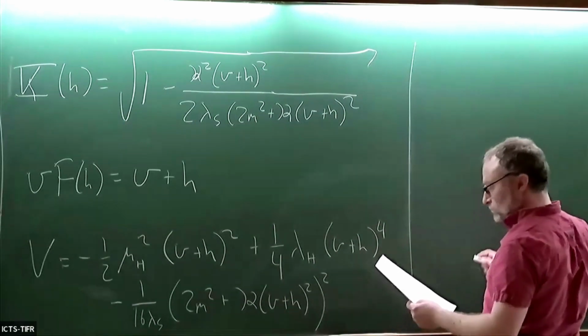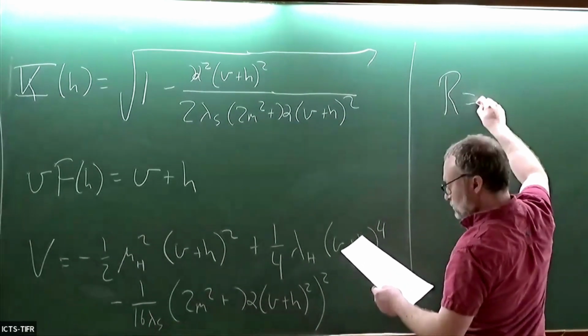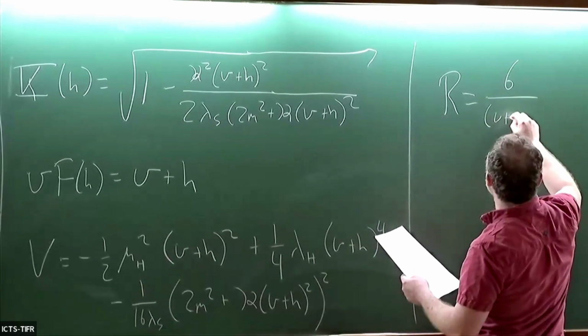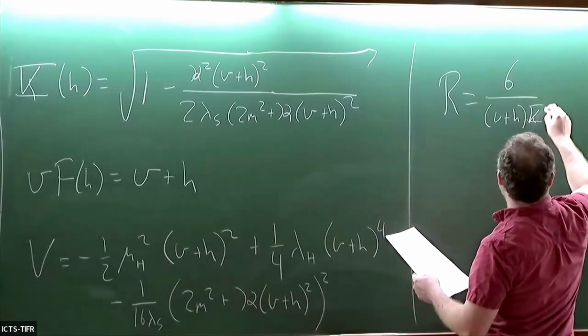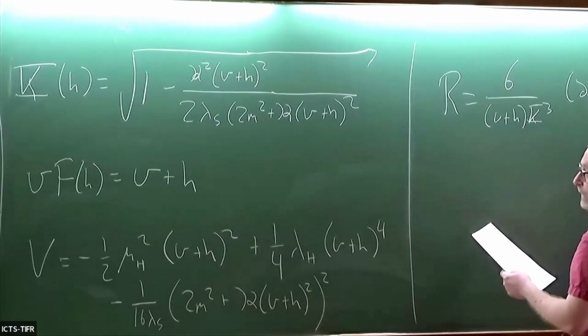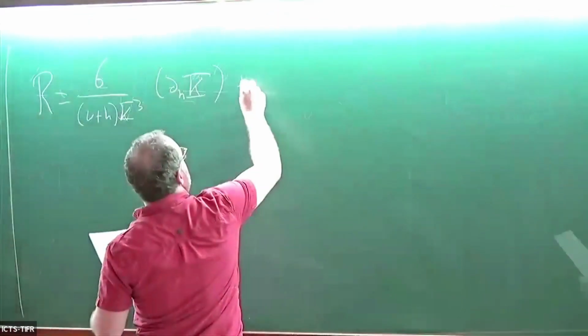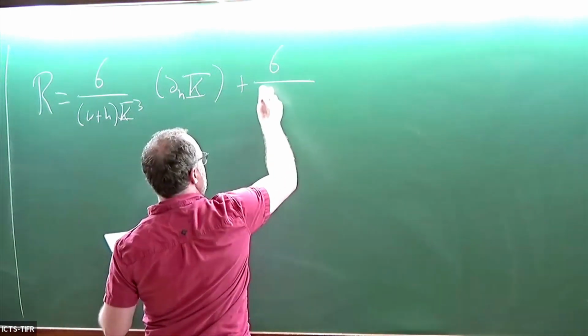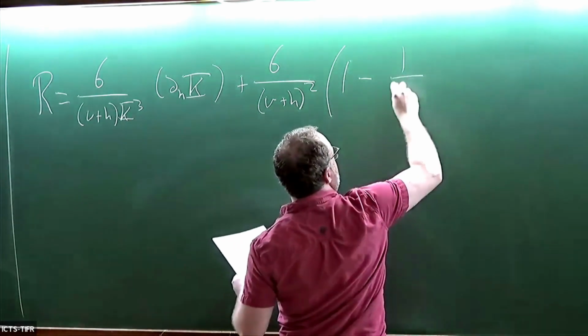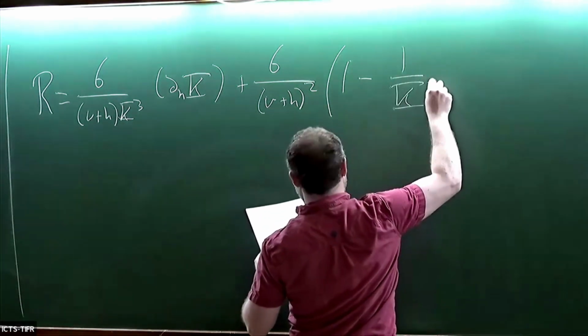So we have 6 over (V plus H) K cubed DHK plus 6 over (V plus H) squared, 1 minus 1 over K squared.